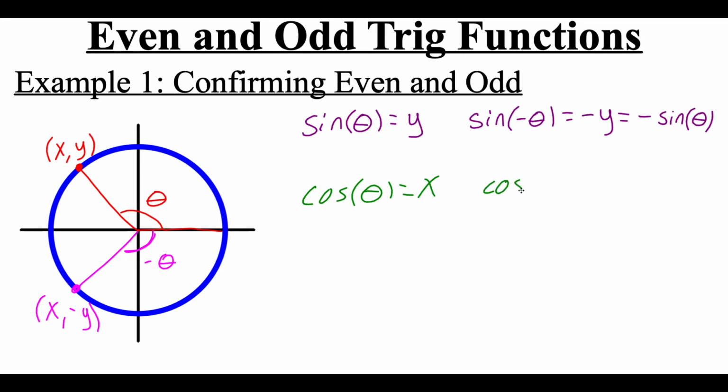But then if we compare that to the cosine of negative theta, if we look at that ordered pair, that's also just x, which is the exact same as the cosine of positive theta. And that's how we defined an even function. If, when you plug in opposite values, you get the exact same answer, that makes your function even.